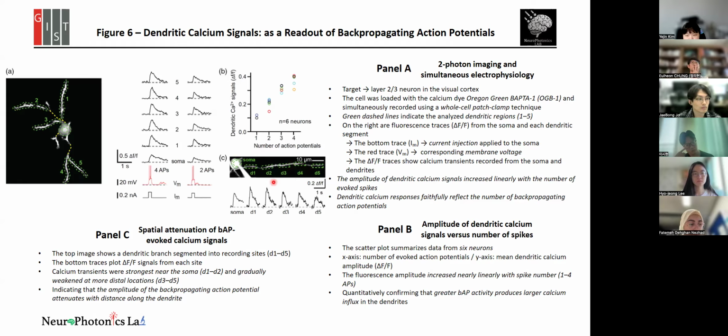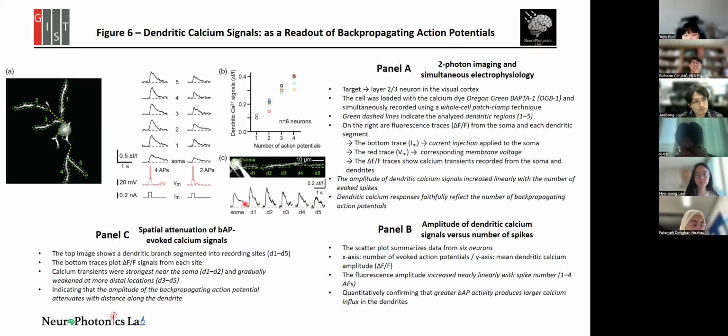And panel C shows the differences in calcium signals depending on the distance from the soma. The top image shows the dendritic branch segmented into the recording sites, and the bottom traces plot the fluorescence signal from each site.